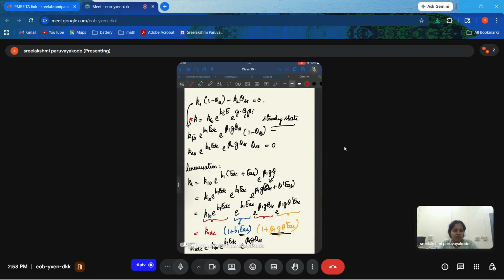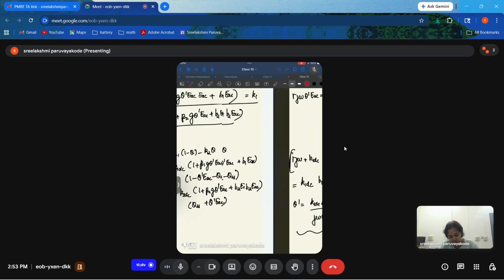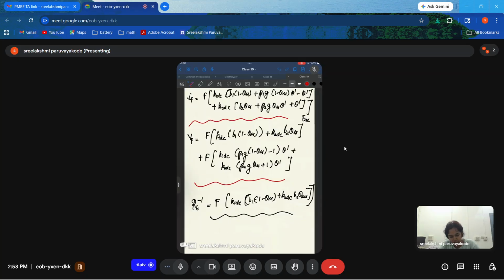Then the same approach applies, except that the derivation will have an additional term in terms of g theta beta. Once you solve it, you will get the expression.